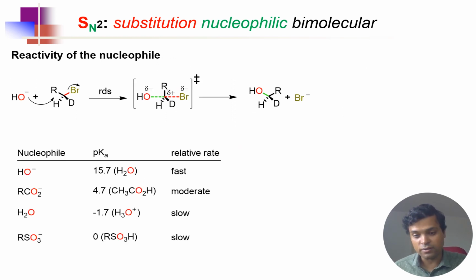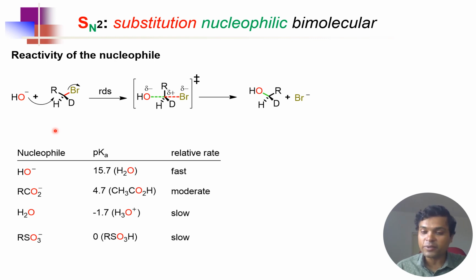Okay, the nucleophile. What should be the role of the nucleophile in the SN2 mechanism? Not reaction, SN2 mechanism. So far we have discussed the carbon center, the electronic effect and everything, and we also discussed that our nucleophile is involved in the rate determining step.